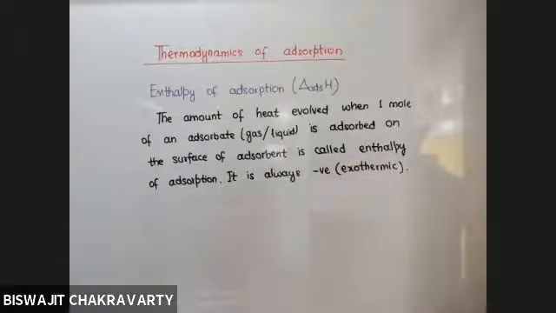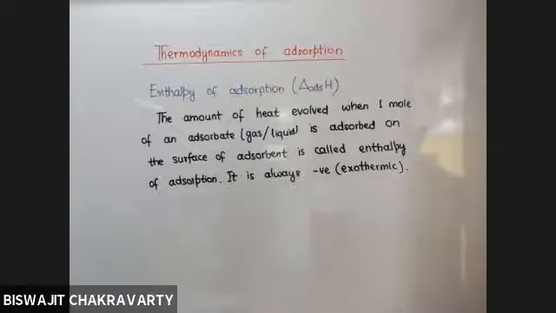So whenever an adsorbate comes and joins the adsorbent, sits on the surface of the adsorbent, just like if you want to watch a movie and go to the auditorium, if you want to sit on the seats, you have to spend some money.